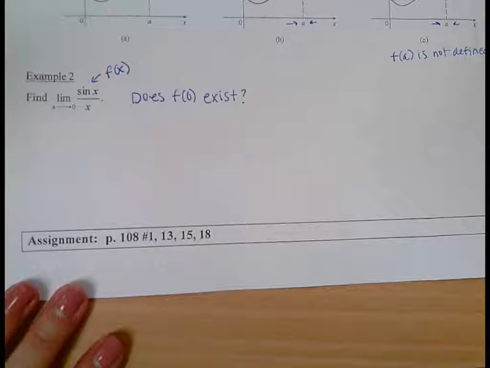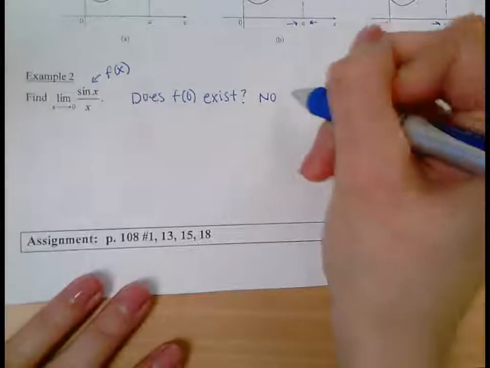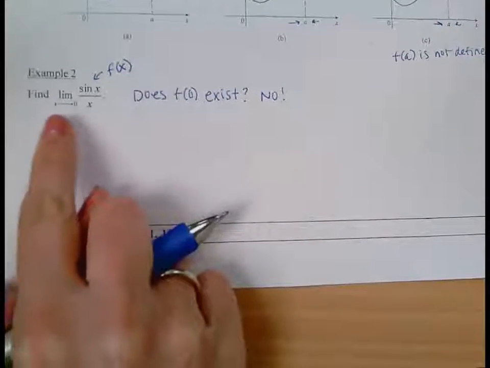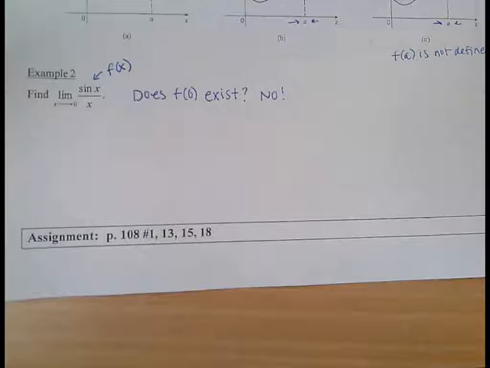Can x be 0 for that function? No, because we'd have a denominator of 0. So the answer to this is no. So just make that note that we can't just plug in 0 to the function, but that doesn't matter for the limit anyway. I'm just making that point because in the first example, we could have just substituted in the value.